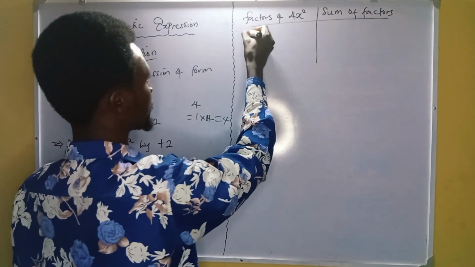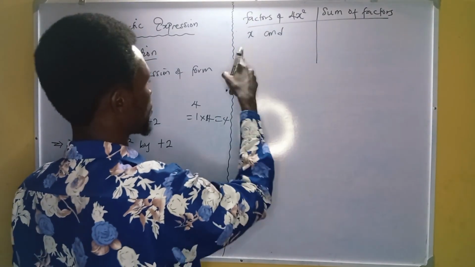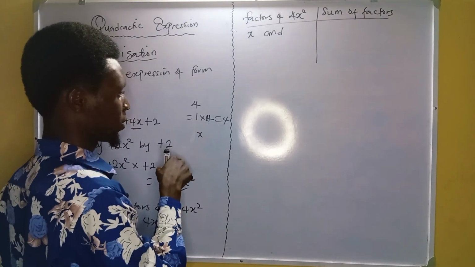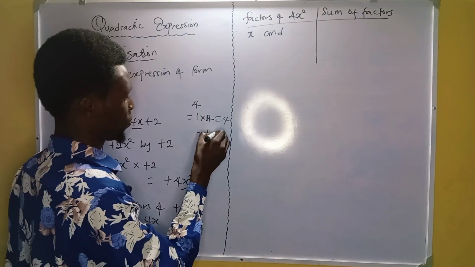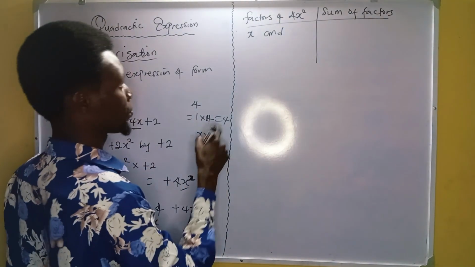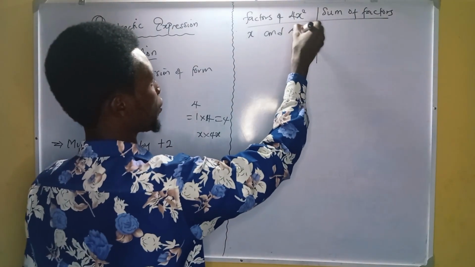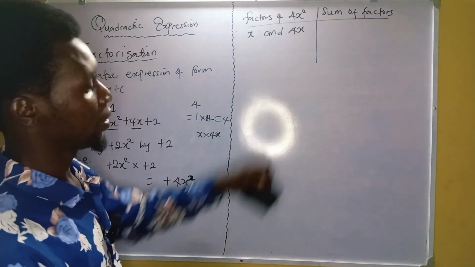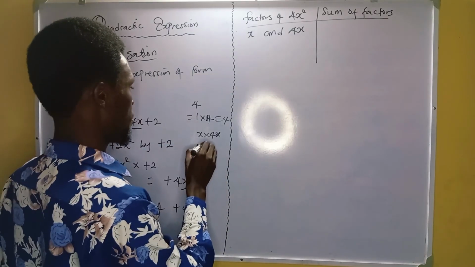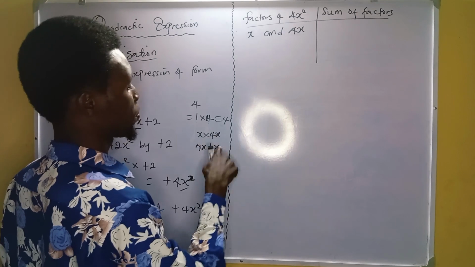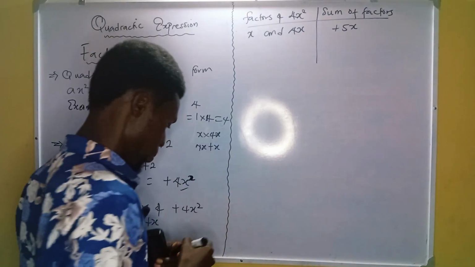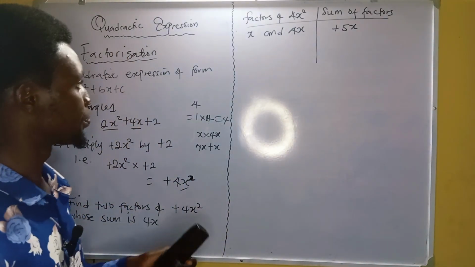So we can take that one. If you multiply 1x, which is not necessary to put 1, times 4x, it will give us 4x squared. Now, if you add them together, that is to say 4x plus x or x plus 4x, the sum here will be 5x. But there's something we have to notice here.